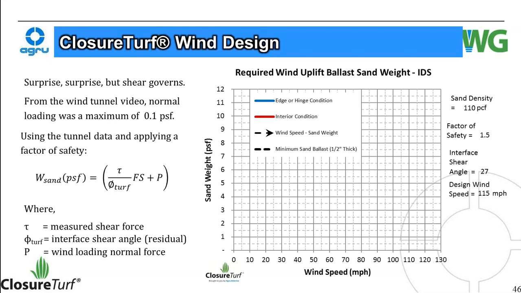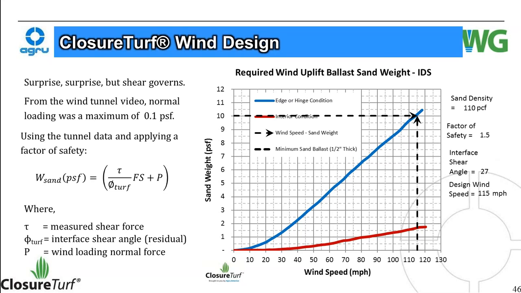And that produces this chart. Here's edge or hinge conditions, slope hinge conditions, and then interior conditions, all using these parameters here. To calculate the required weight of soil, simply go from your design wind speed here up to the blue curve to determine that you need 10 pounds per square foot along slope hinges.